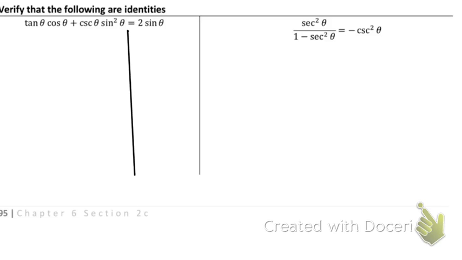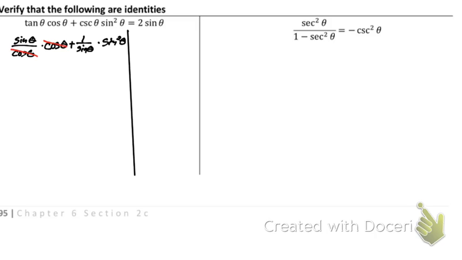Instead of tangent, well, cotangent is cosine over sine, so tangent must be sine theta over cosine theta times that cosine theta plus cosecant is 1 over sine theta times that sine squared theta. Well, that sine theta over cosine theta times cosine theta. Remember, cosine theta is really cosine over 1. Well, the cosines are going to cancel out.